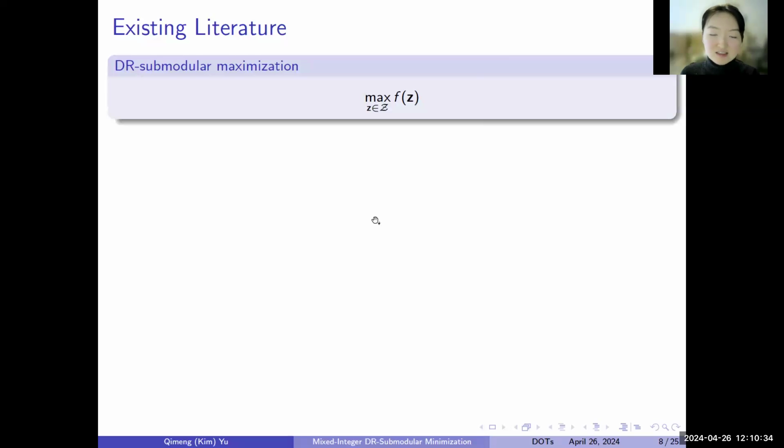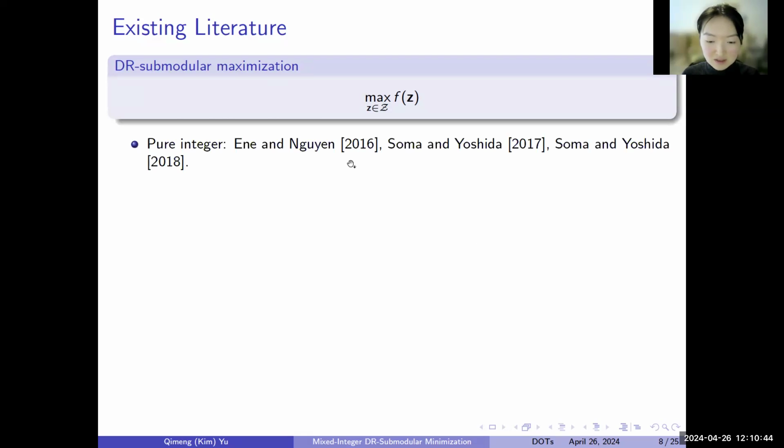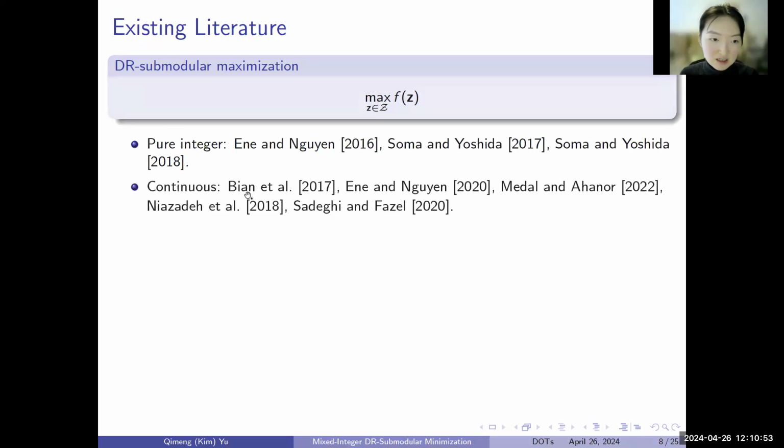And let's see, methodology-wise, what's been done in the literature. The current literature predominantly focuses on the maximization direction, mostly approximation algorithms with provable guarantees. The pure integer domains, as well as the purely continuous spaces, have been explored.